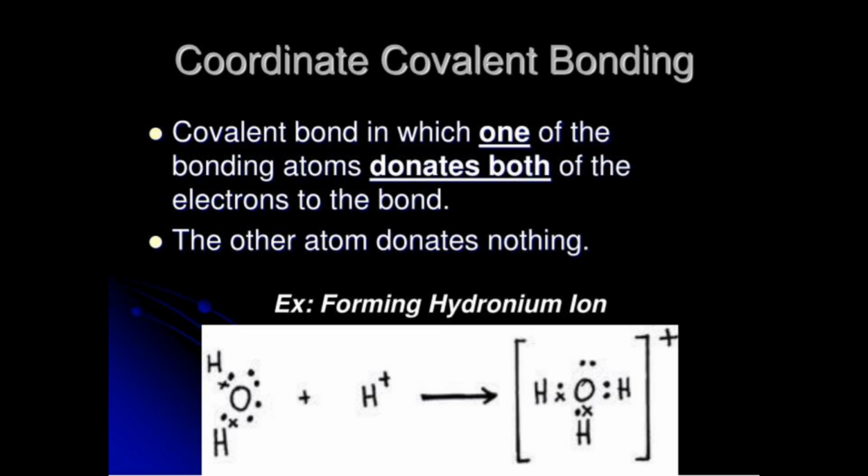So you can see here that it is this electron pair that it will use to combine with H to form H3O plus. This is a type of coordinate covalent bond. Only one is donating electrons for sharing.